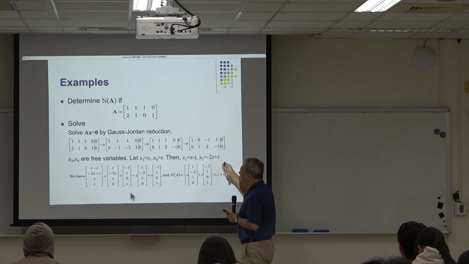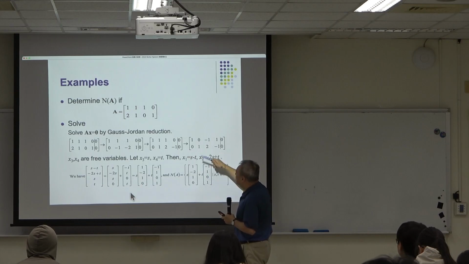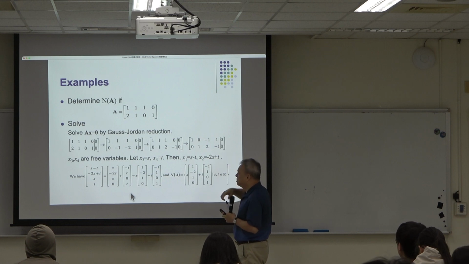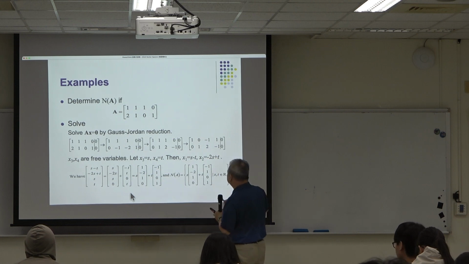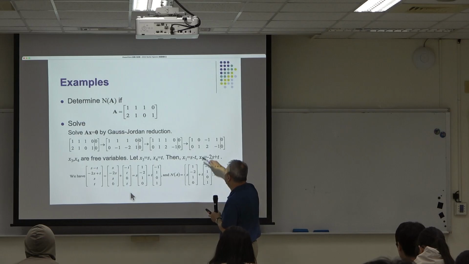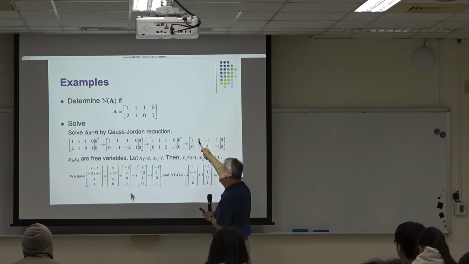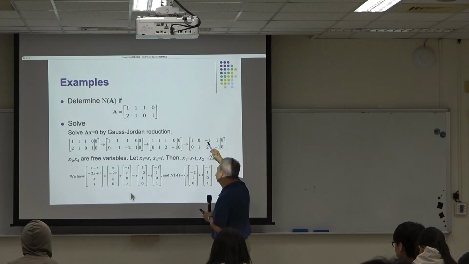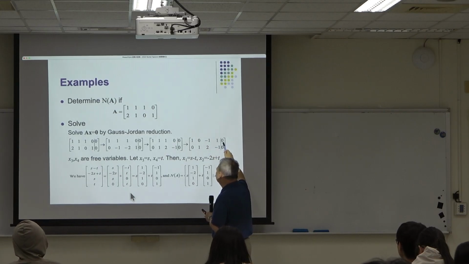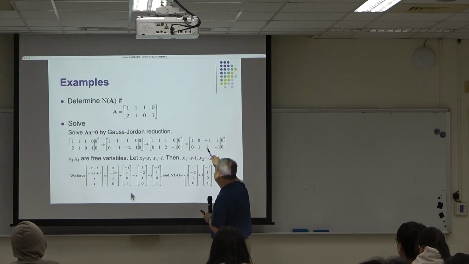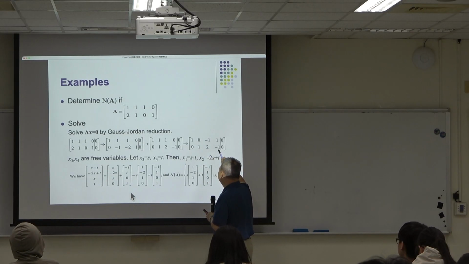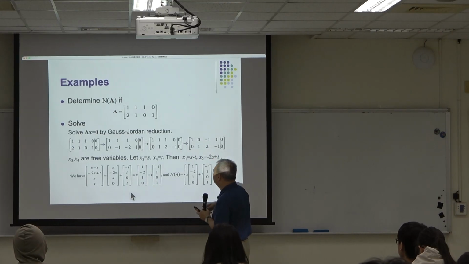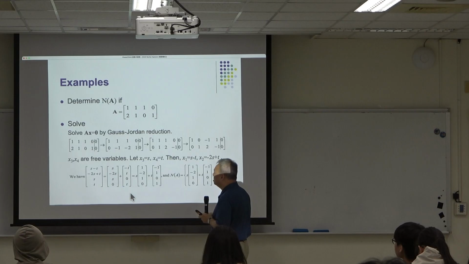So what does this mean? If we name the unknowns x1, x2, x3, x4, it means x1 plus 0 times x2 minus x3 plus x4 equals 0, and then x2 plus 2x3 minus x4 equals 0. So we have these two formulas.